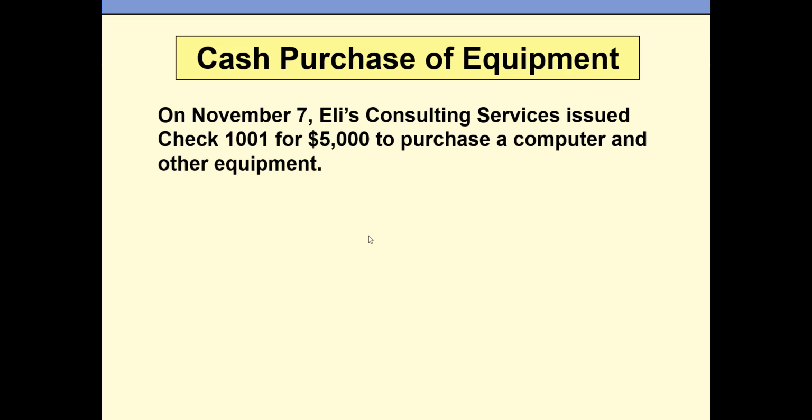Our other account, we are purchasing a computer and equipment, so our other account is going to be equipment. Those are our 2 accounts. Keep in mind that if you are paying cash, the wording of the transaction will say you're paying cash or paying for. It might have a check number in there. That all means paid in cash. If you receive money or received it, those are keywords that you are receiving cash.